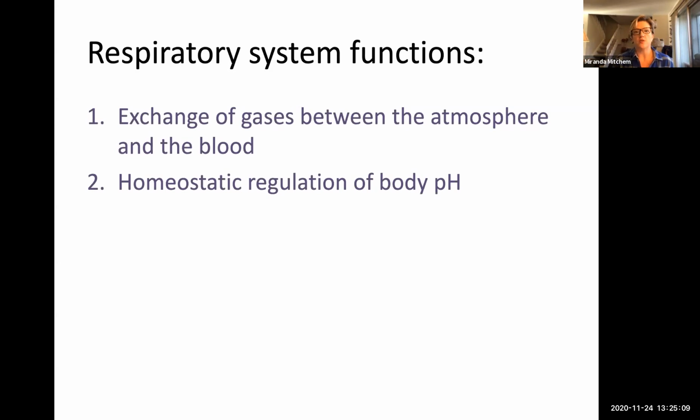The respiratory system is also very important in the regulation of our blood pH. And changes in our breathing patterns can lead to changes in the blood pH. So we do have compensatory mechanisms through our respiration that are tied to blood pH.